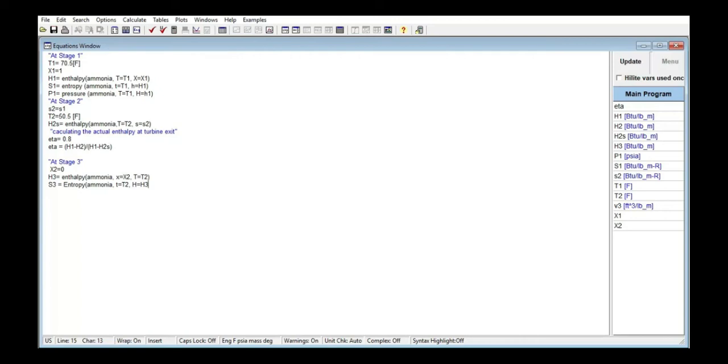Okay, we will also calculate the pressure. We have to find the pressure, and P3 is equal to pressure, bracket ammonia, and we will use the temperature T2 and the enthalpy as H3.